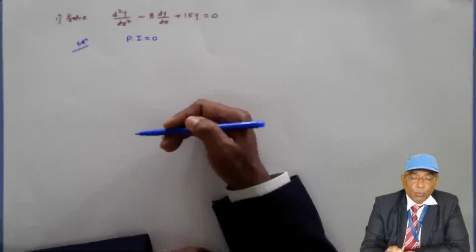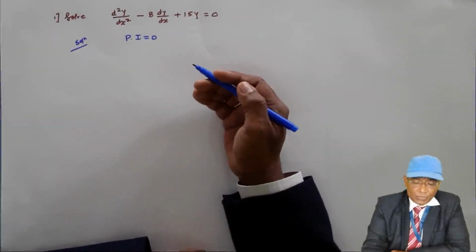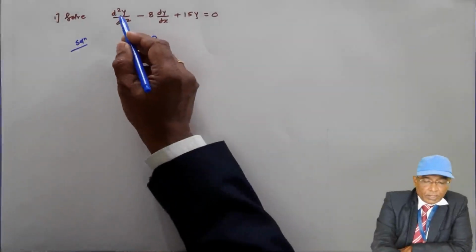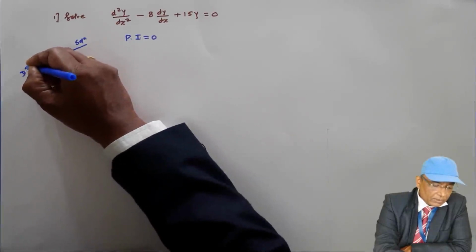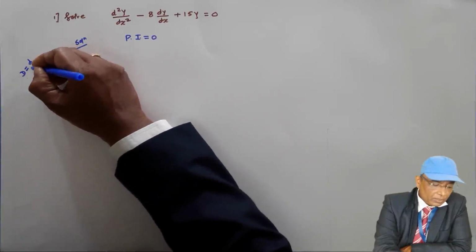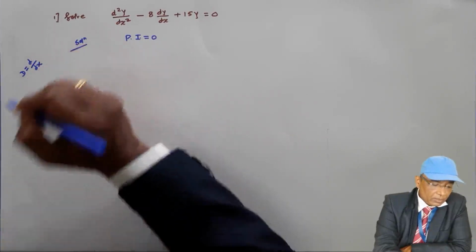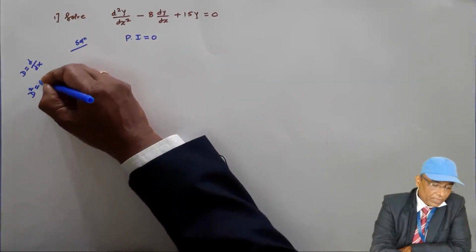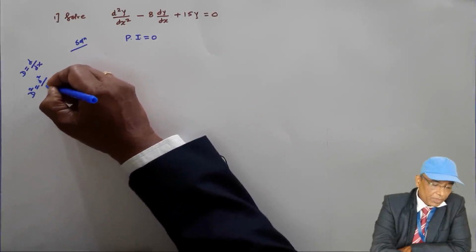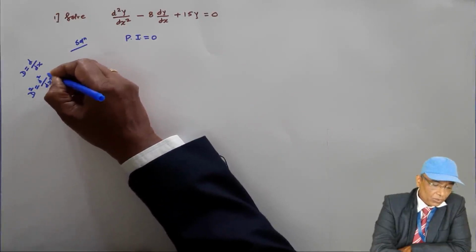For the complementary function I have to write the auxiliary equation also. For convenience, d2y by dx square, I'll denote it with capital D. Capital D is d by dx, D square is the double derivative with respect to x, d2 by dx square, and so on.